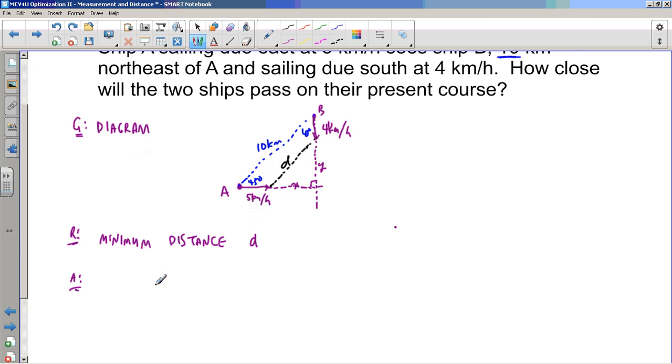I could write the distance as the square root of x squared plus y squared. Grade 10 distance formula. But now I've got too many variables. I can't take the derivative of this because there's an output variable D, and we want D prime to find the minimum distance, but we've got this x and this y.